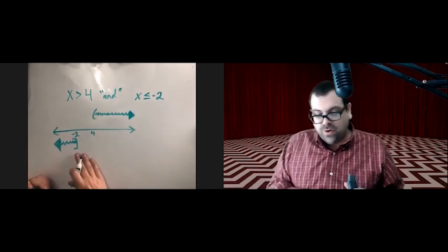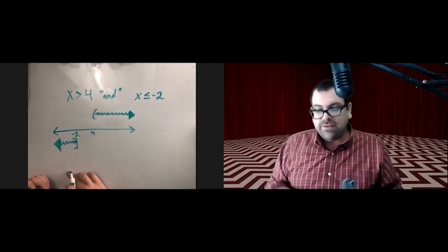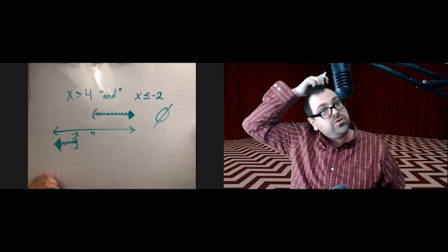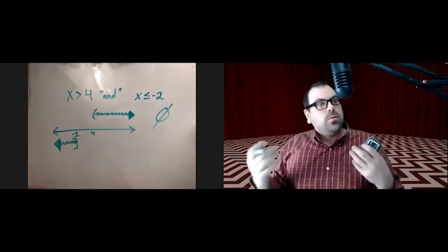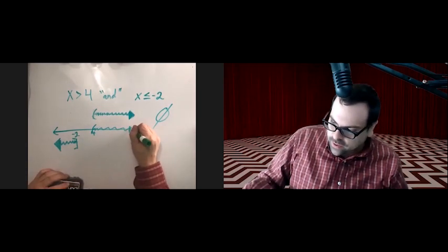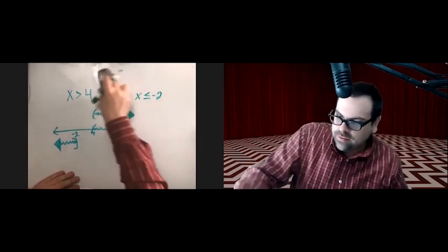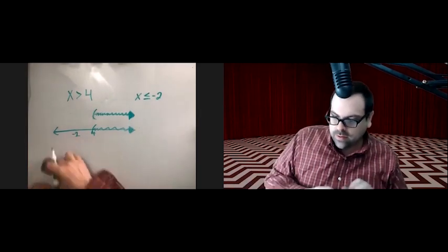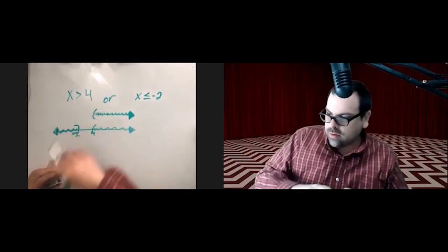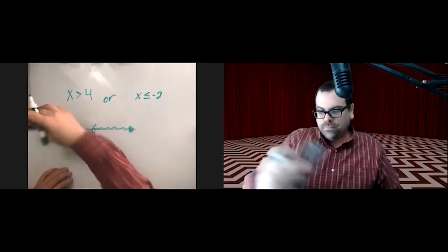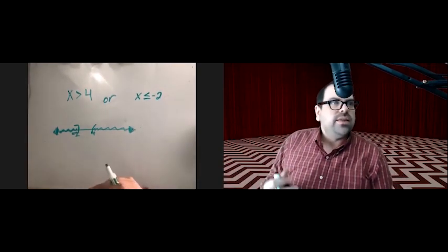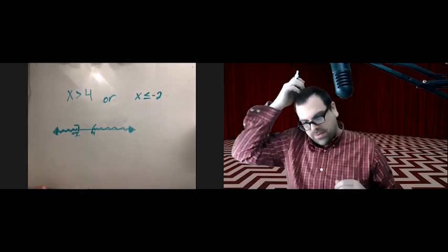X greater than 4, X less than or equal to -2 has no overlap. So there would be no solution to the and statement. Whereas the or statement would exist. It would just be the two joined together, the union of both.